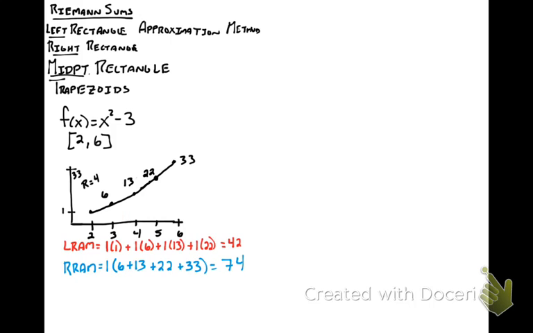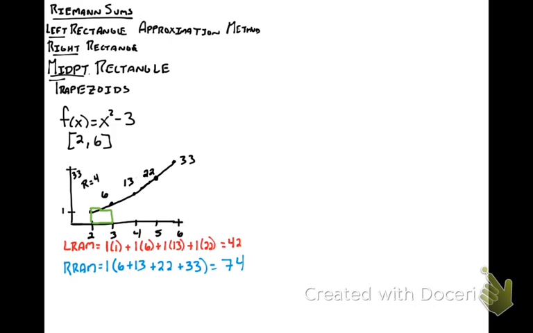So if I draw my rectangle, in the middle of my rectangle, at 2.5 is where the height will be. So I'll have a little bit of an overestimate on the left-hand side and a little bit of an underestimate on the right-hand side, and that's going to really balance each other out.